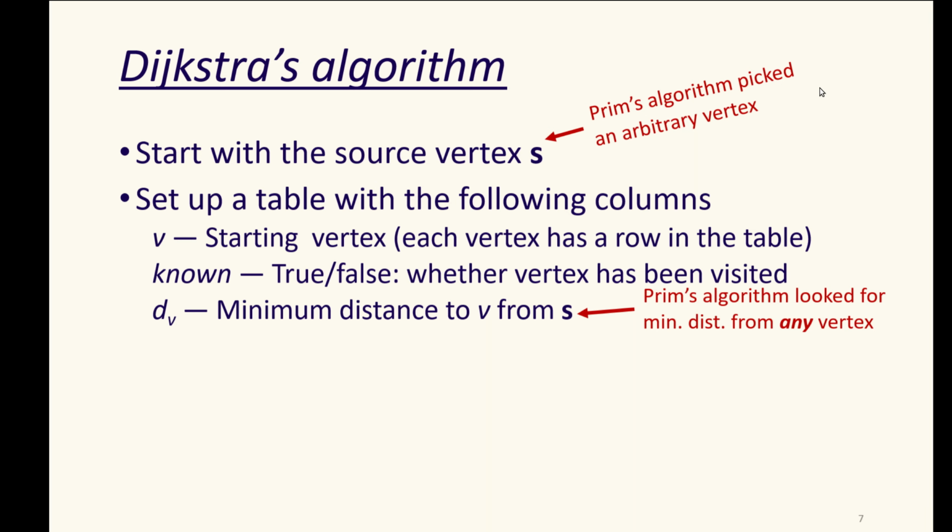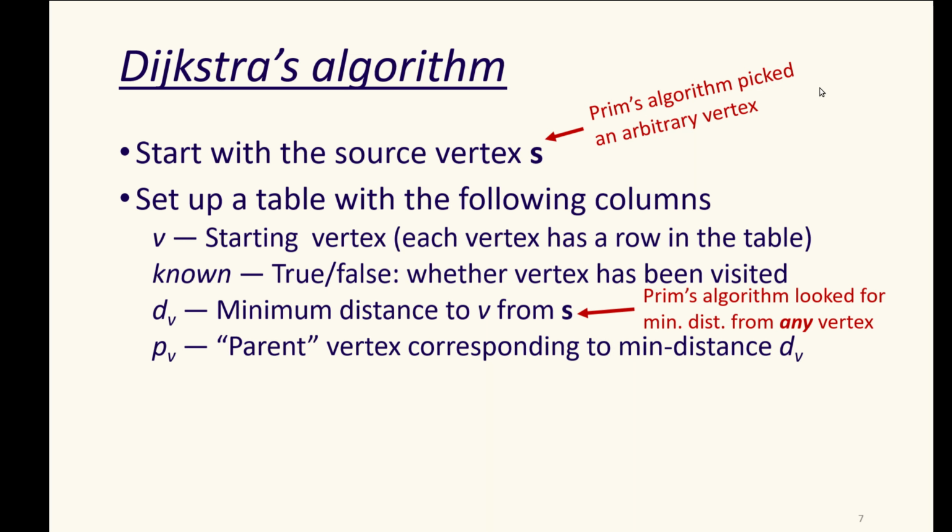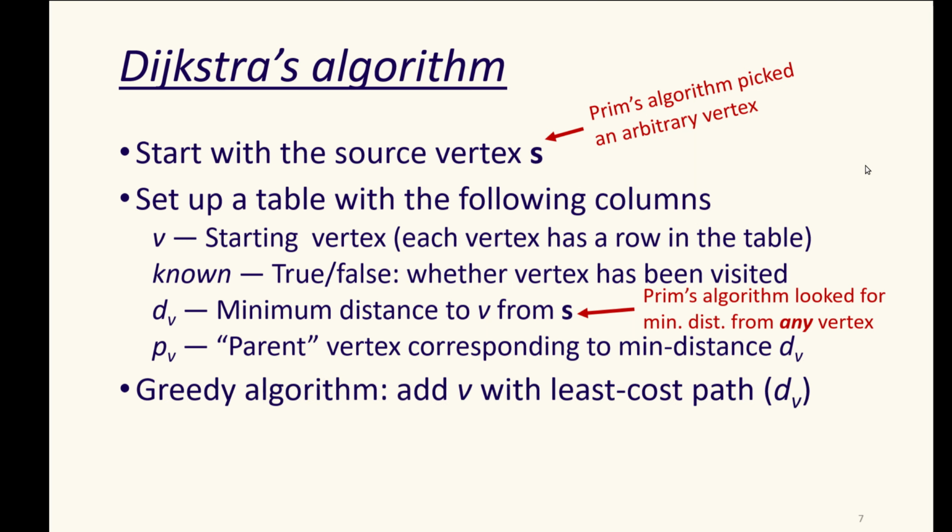But this is the distance from S, our source, our starting location, whereas Prim's allowed us a distance to any vertex. And P sub v, the parent that corresponds to that minimum distance, which will still be sort of a single step back. We won't list S as the parent for all of them because they won't all be directly connected to S. The parents are going to indicate to us what comes right before this one on a path backwards to S.